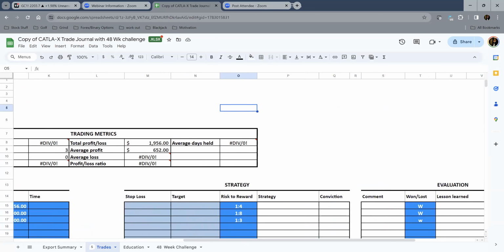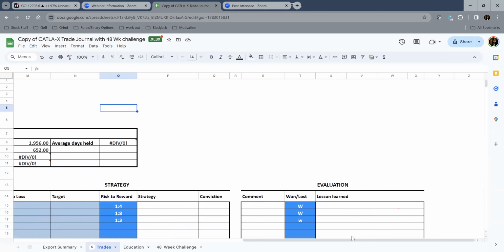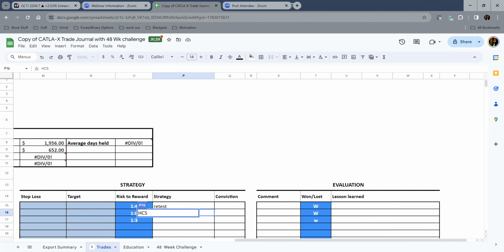So you can keep track of your pertinent information. Lesson learned. Was your conviction low, medium, or high? What was your strategy? Was it a retest? Was it a confirmation setup? These are things that we're going to be tracking and become meticulous about in the trade room over the next month, and hopefully you all will continue to do so.